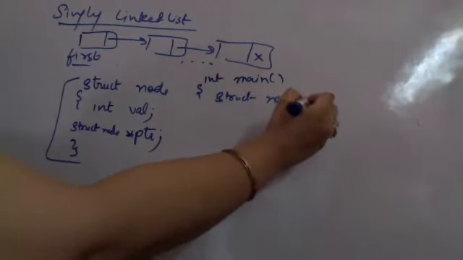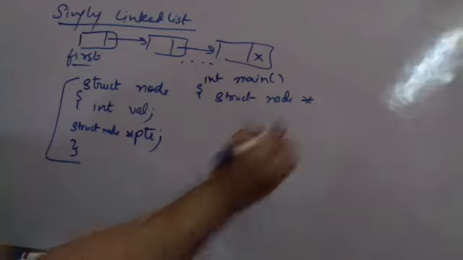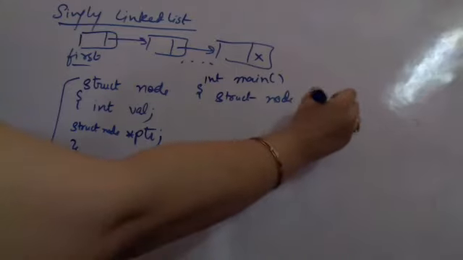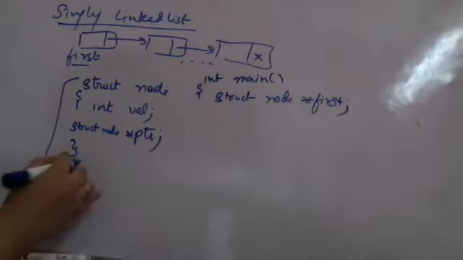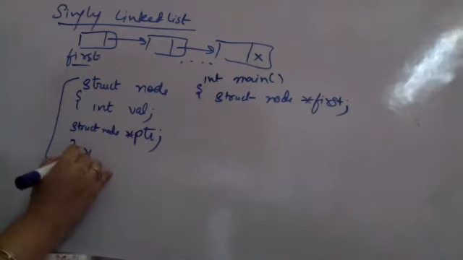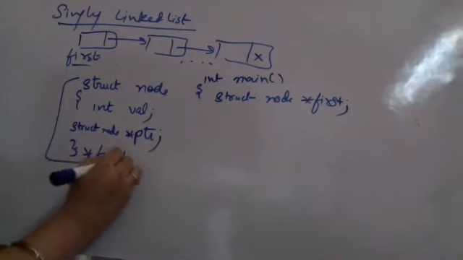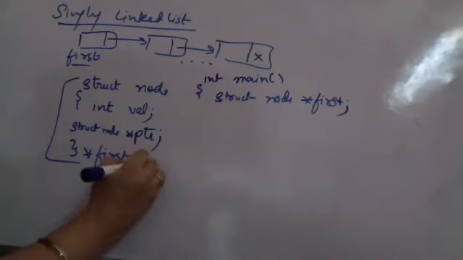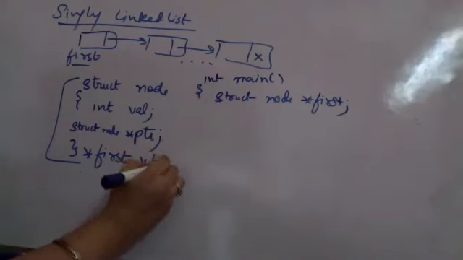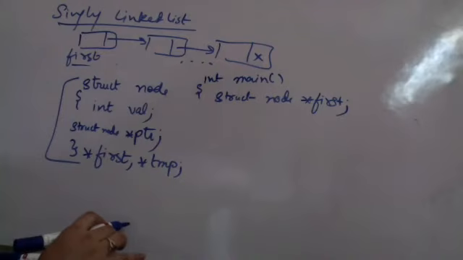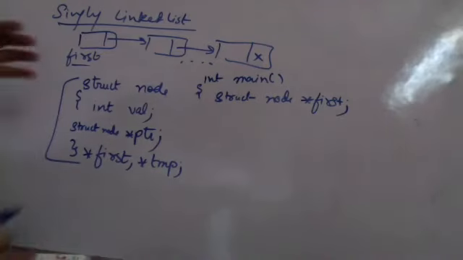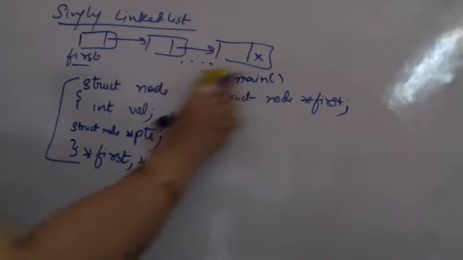Supposedly I have to use pointers, so I'm taking a first. Generally first node, last node we create here only. So I can create a first here, and I can take a temporary node which I will be using later on. So I've declared the variables of this type also.